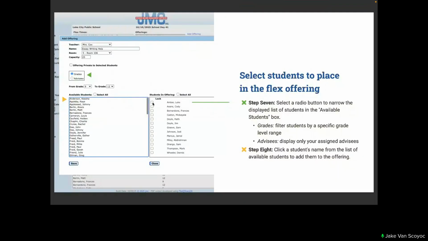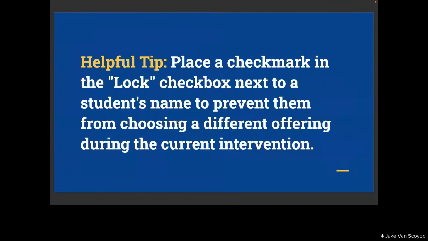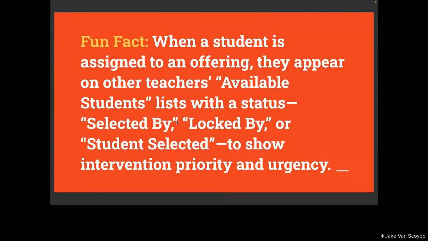So the lock box right here next to a student's name that's been selected for an offering would prevent students from removing themselves from that offering. And we're going to talk about the communication that's involved with an MTSS system and fostered by JMC here in just a minute when we take our live look.